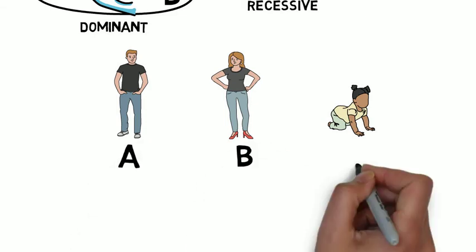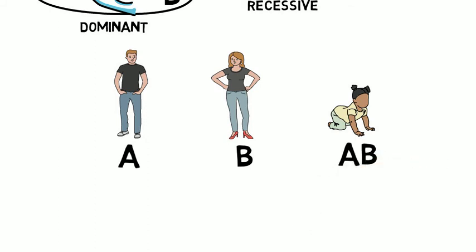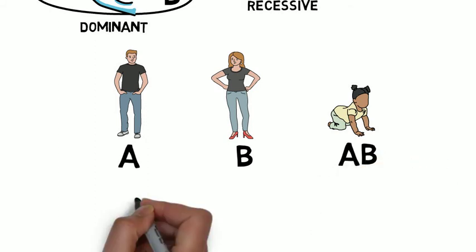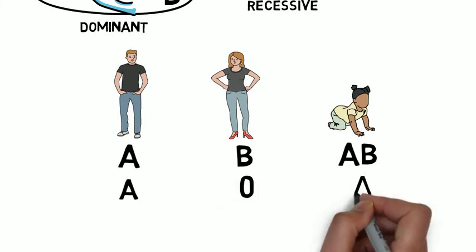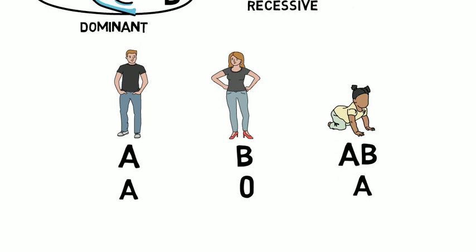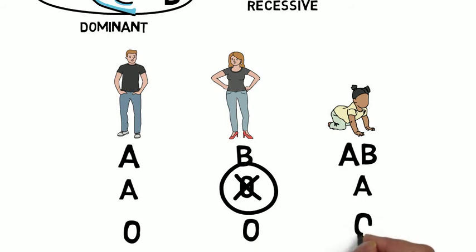If a male has A blood group and a female has B blood group, then the child's blood group will be A and B. Now if a male has A blood group and a female has O blood group, then the child's blood group will be A. Now if both the male and female have O blood group, then the child's blood group will be O.